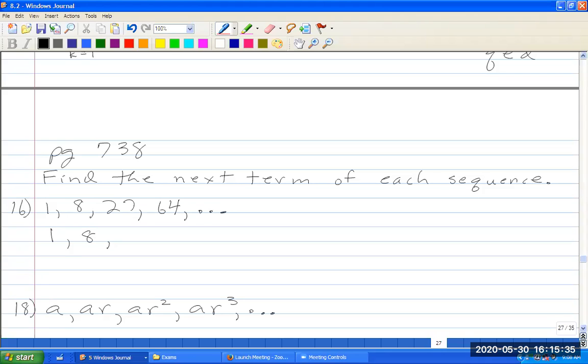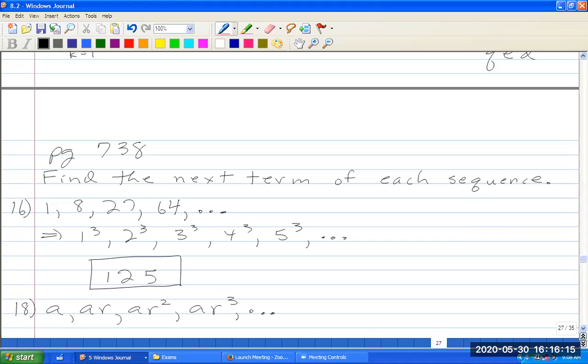So you take 1 cubed, 2 cubed, 3 cubed, 4 cubed. Or maybe I should just write it this way. 1 cubed, 2 cubed, 3 cubed, 4 cubed, 5 cubed, etc. So the next term in my sequence is 125. And that's your answer.